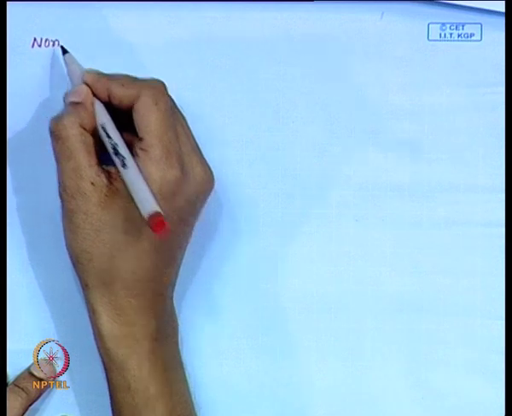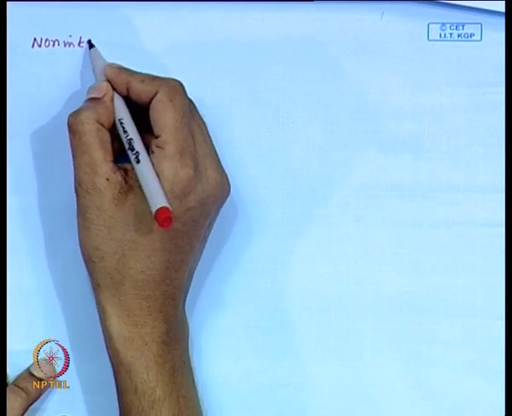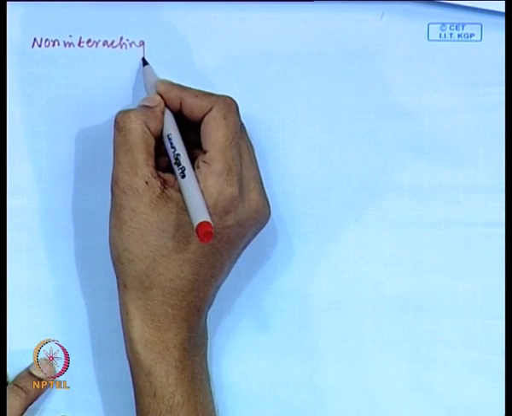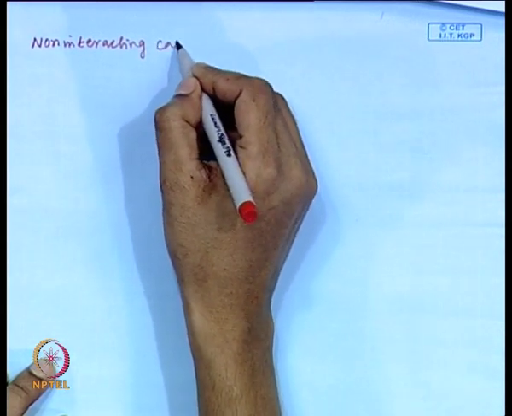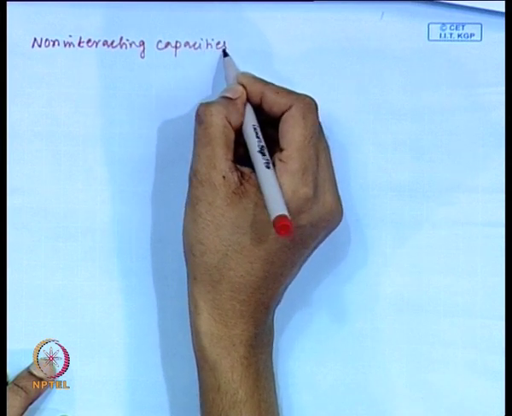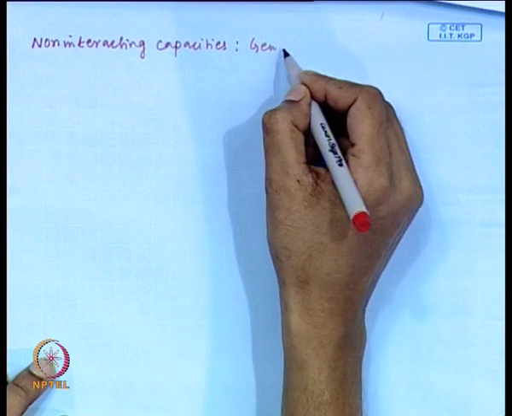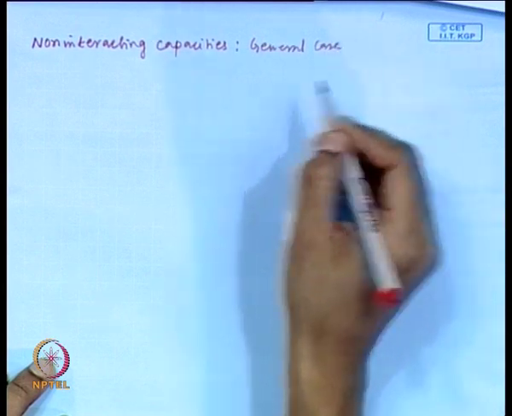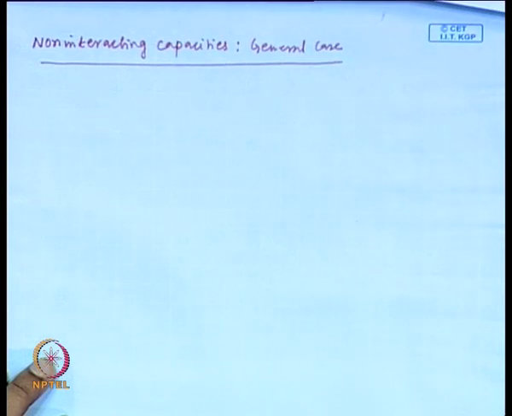So, now our topic is non interacting capacities, and we will discuss the general case. Fine. So, two tanks or two first order systems are connected in series. Those two first order systems have the transfer functions of suppose G1 and G2.